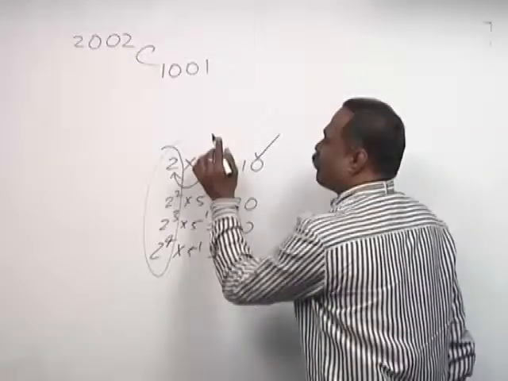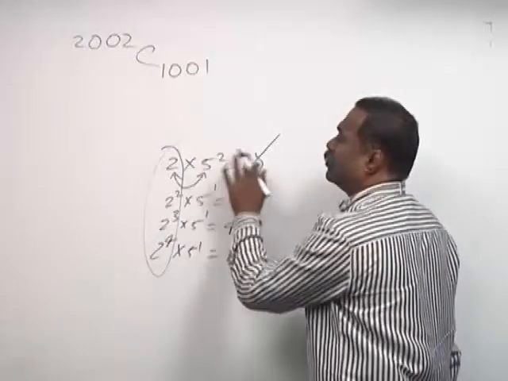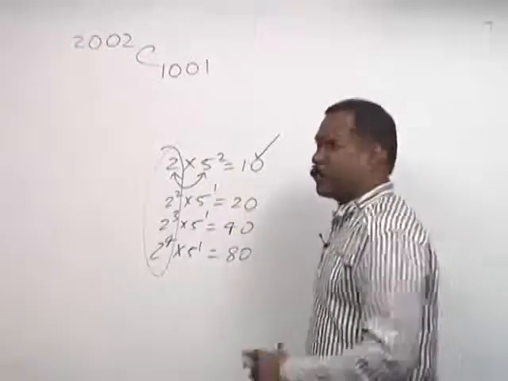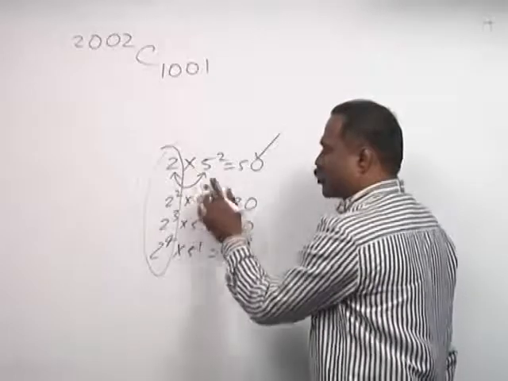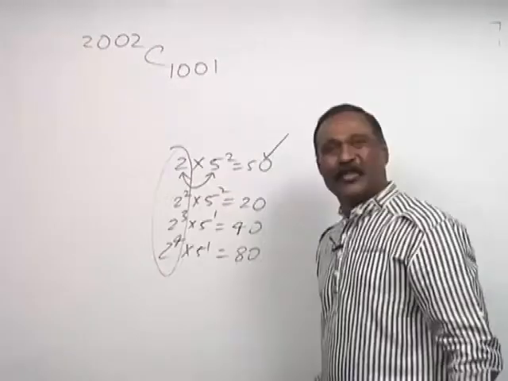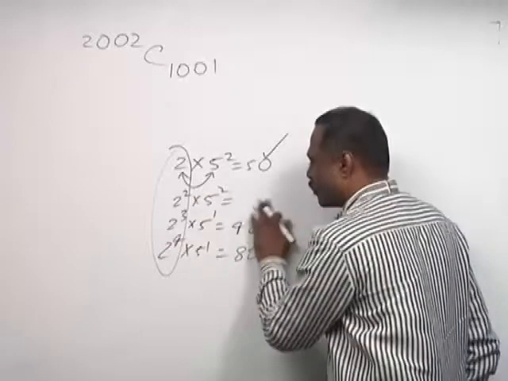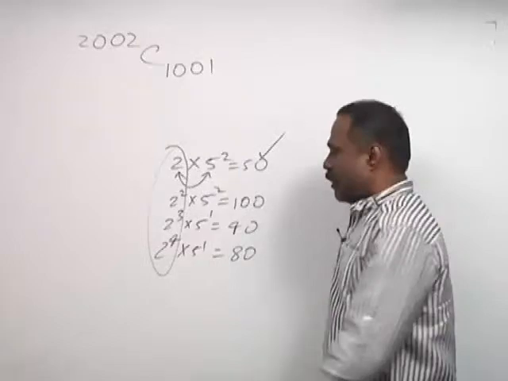If you make it 5 square, then 2 into 5 square is how much? 25 into 2, it will be 50. Similarly, 2 square into 5 square is 2 into 5 whole square, that becomes 100.